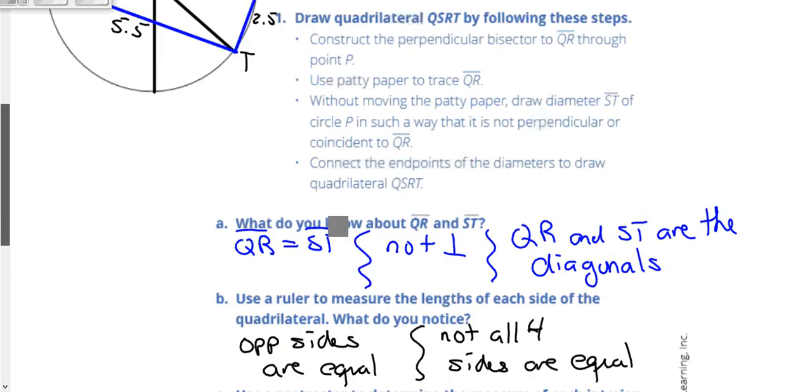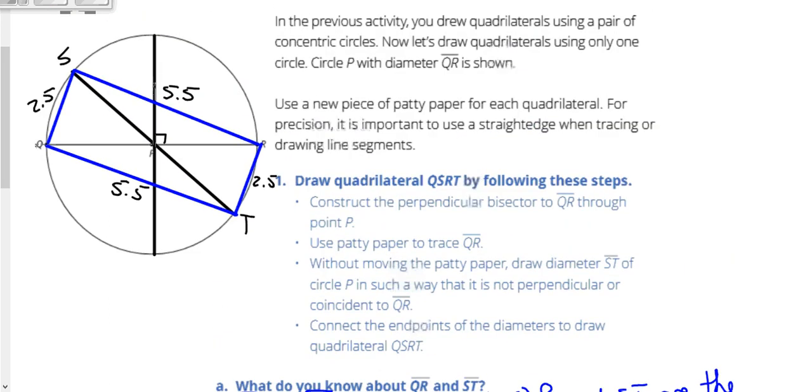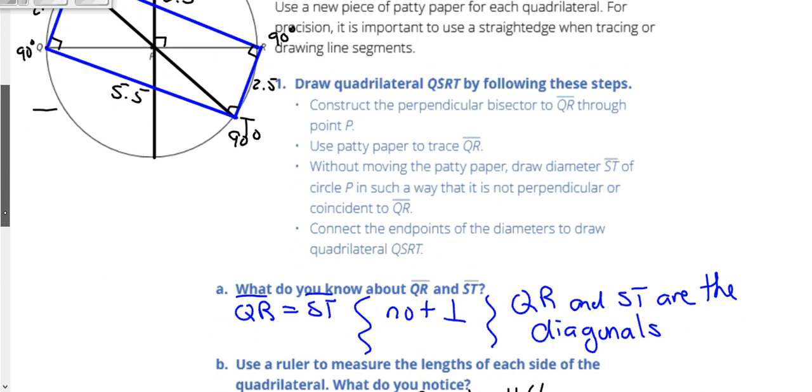So we now have to go through and measure the angles. Well, I'll go ahead and save you that a little bit. So we know that this is a 90-degree angle here. We know this is a 90-degree angle here. This one is 90 degrees, and this one is 90 degrees. So we know that they're all 90 degrees for angles. Okay.